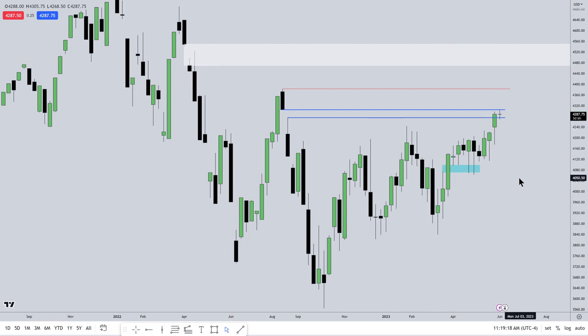Now, let me make a distinction and contrast it with something like this. Let's say, for instance, that we did not need to come back up to here. Say all this didn't exist as a volume imbalance, and we didn't have this gap here.